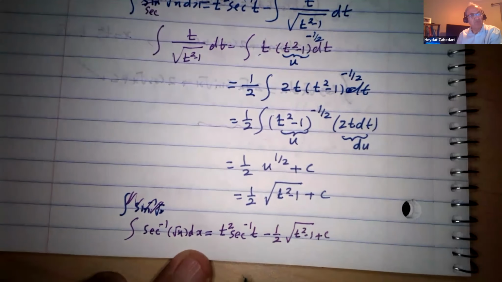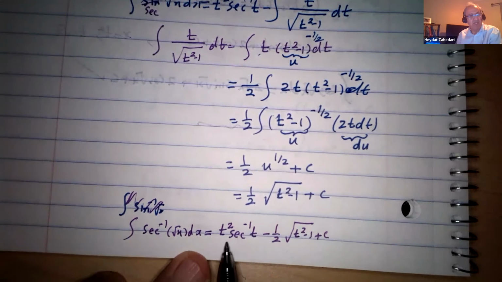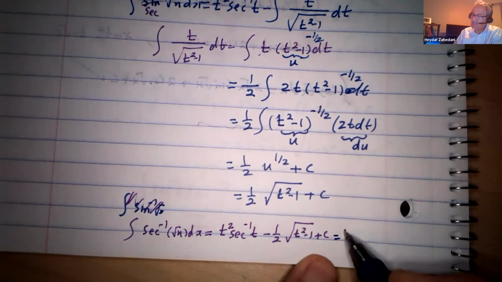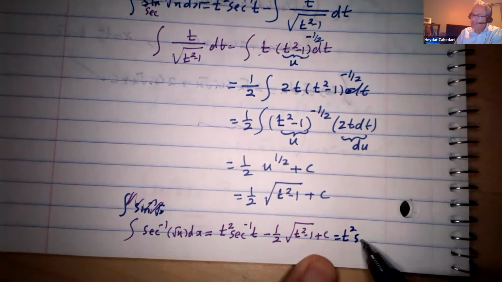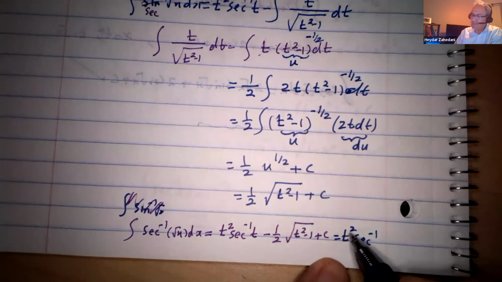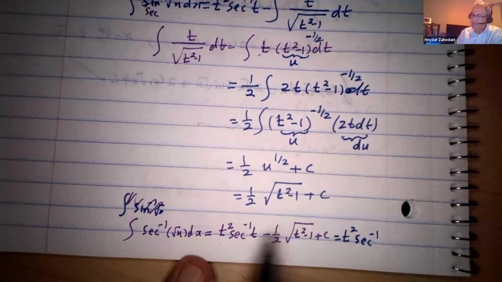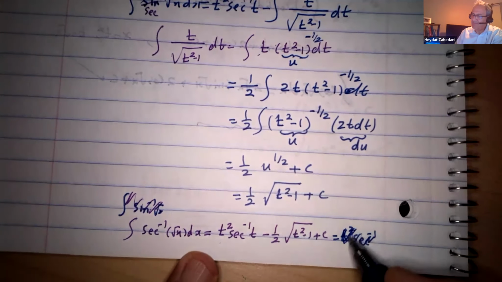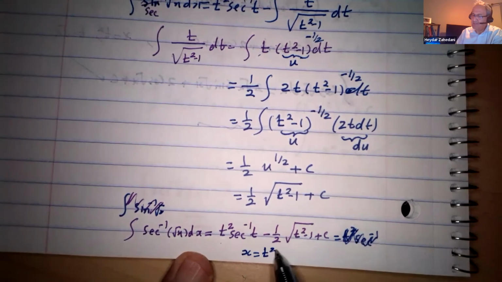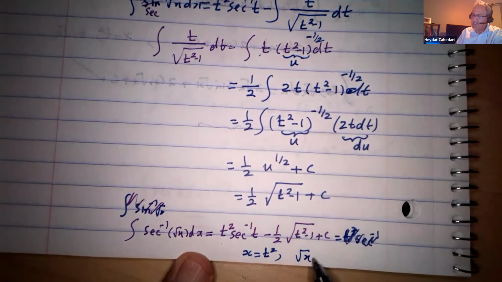Now you have to substitute for the t. Remember the t squared was x. So the final answer is going to look like, let me rewrite it for you. You see, remember x is t squared and the radical x is t.